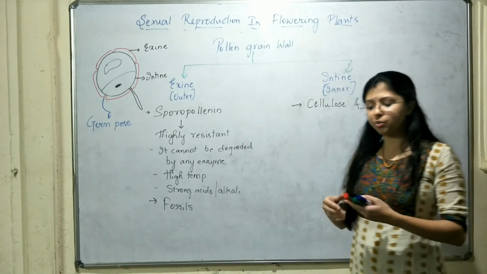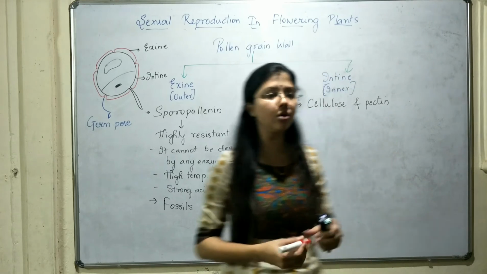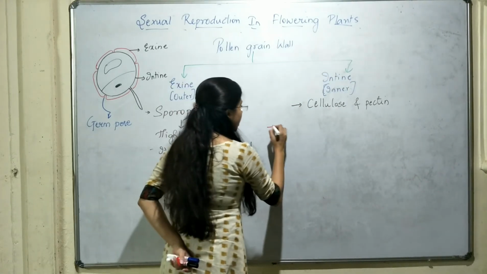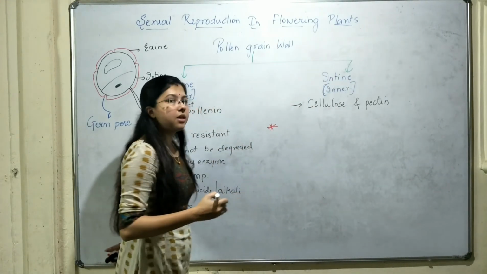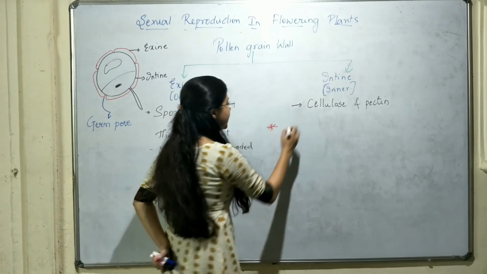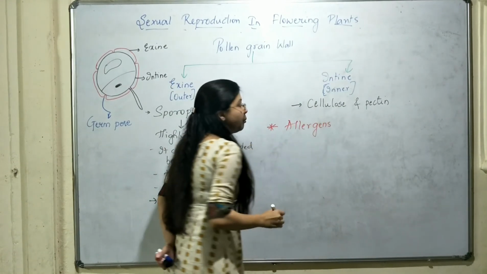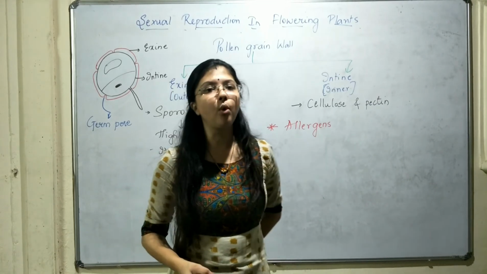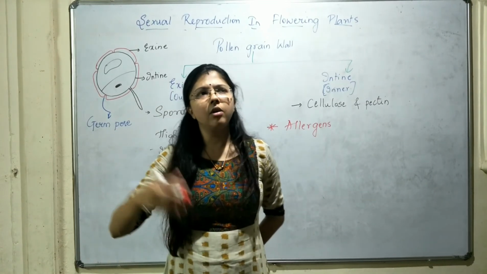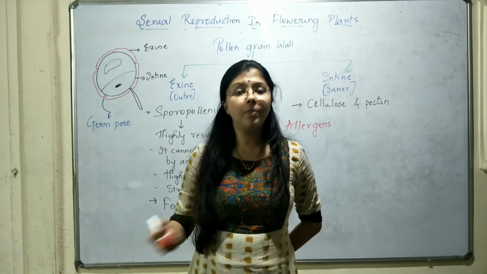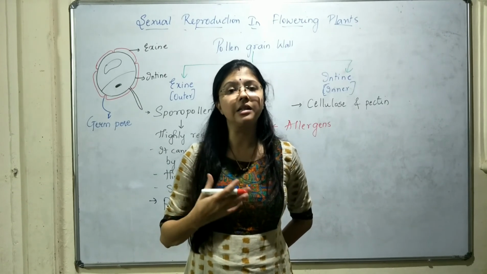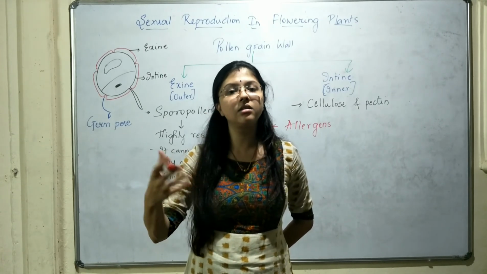Some other important points that you should know about the pollen grain is that pollen grains may sometimes prove to be allergens. Most people are allergic to pollen grains. You must have observed whenever you go to some new place, you immediately start sneezing, and you say that it is dust allergy, right?